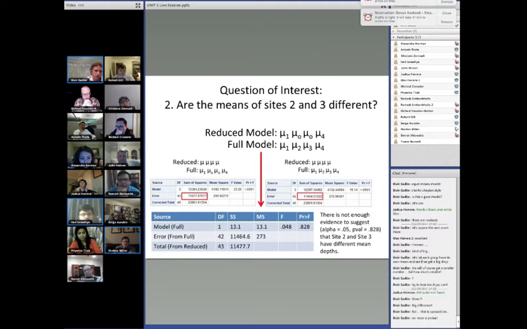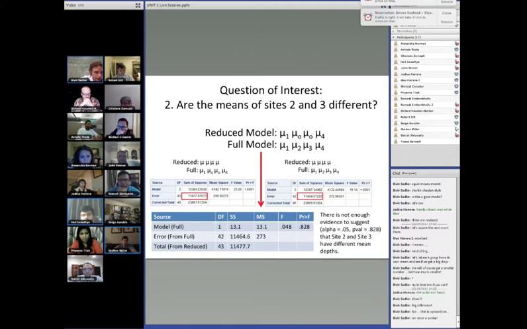But I am assuming that sites 1 and 4 have the same standard deviation. So I want to include them in the model so that I can pump up my degrees of freedom error, because they're all estimating the overall error. And that's an estimate of the overall variance for each site, since I'm assuming them all to be equal. So that's why I'm putting 1 and 4 in the model.